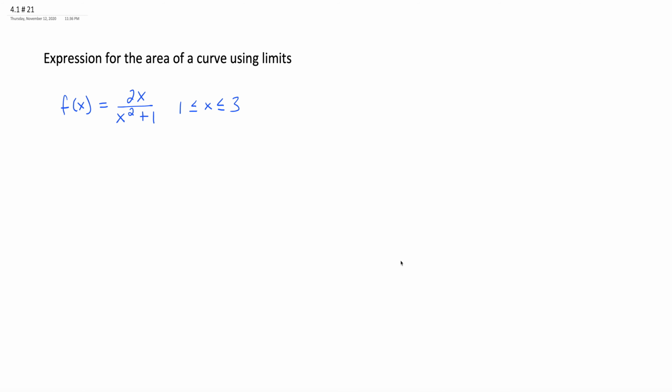Alright, so the goal here is to find an expression for the area under the curve using limits. So that means we need to have this general formula with sigma notation.